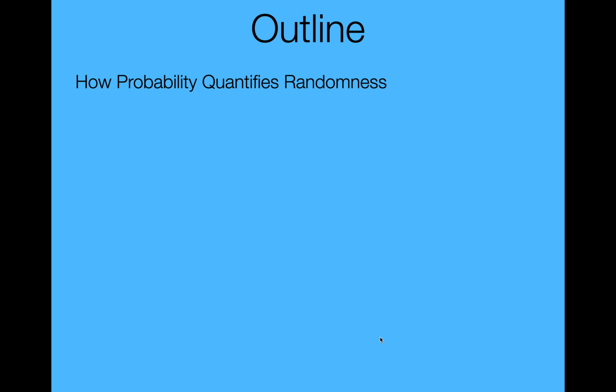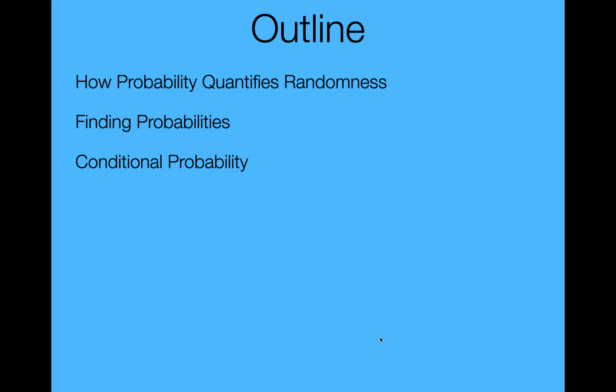So, what we're going to discuss in this chapter are, one, how probability quantifies randomness. Now, that's an interesting phrase that I'm going to use a lot because it really describes what statistics does as a field, or one of the central ideas of statistics. Next, we're going to talk about how you can find probabilities in different situations.